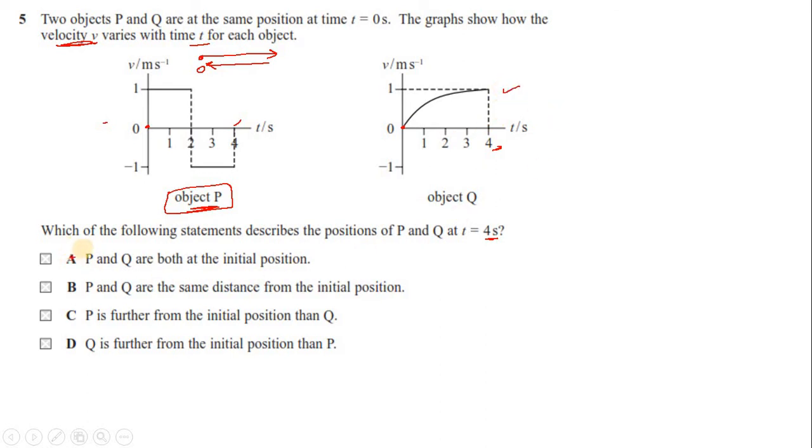So you cannot have option A because they cannot both be at the initial position. P is at initial but not Q. P and Q are at the same distance? No, of course not. P is further from initial position? No, because P has returned but Q is still moving on. Q is further from initial? Yes, so D is your option.